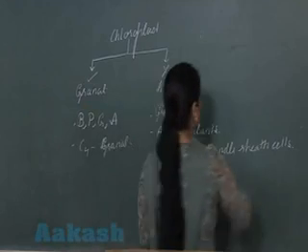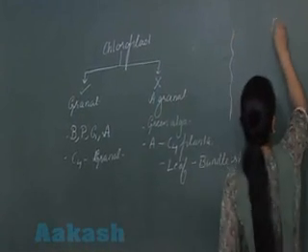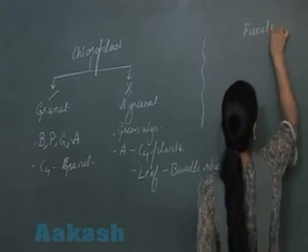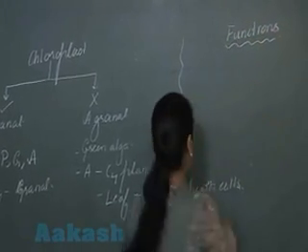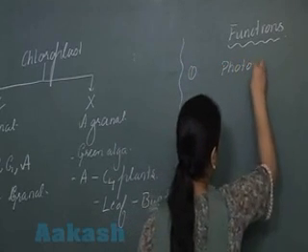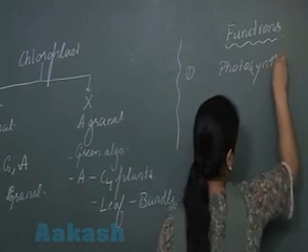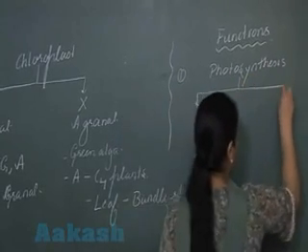Now, after this structure of the chloroplast, now I will be discussing functions associated with it. Now, the chloroplast is involved in photosynthesis. And you know that in the photosynthesis, two phases are there.